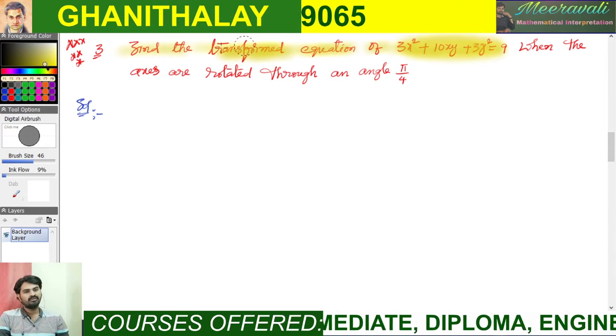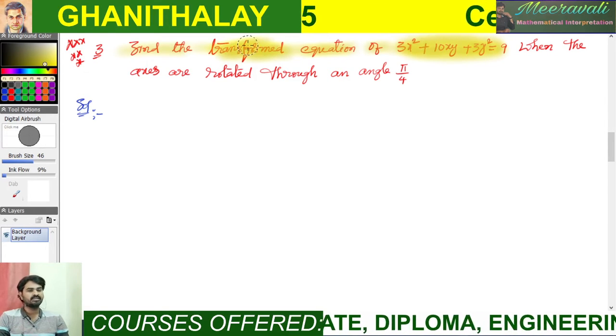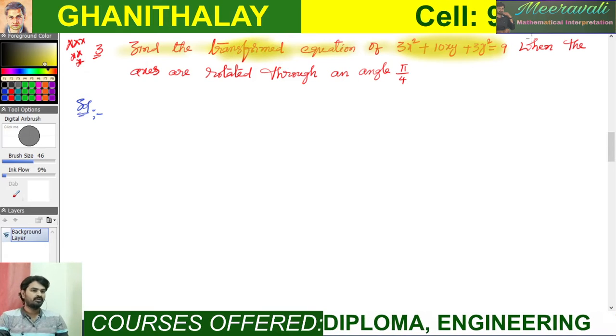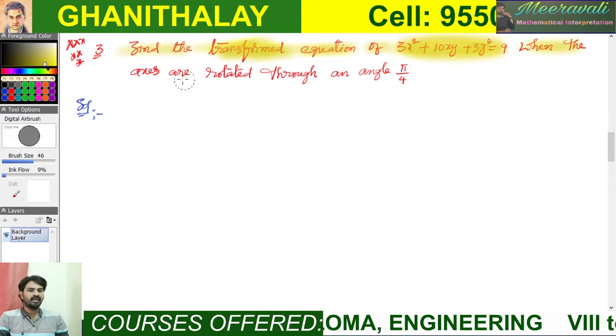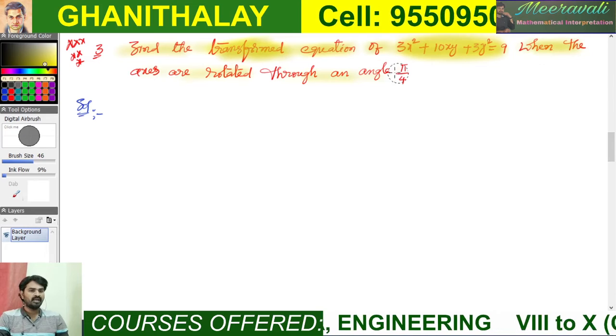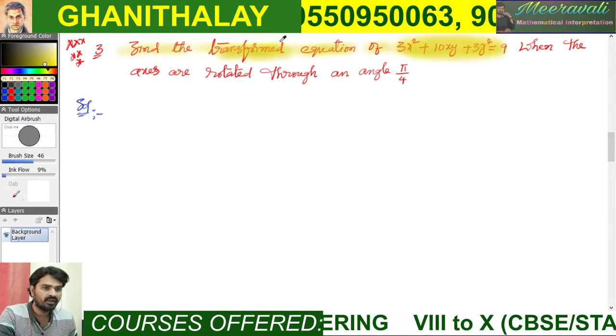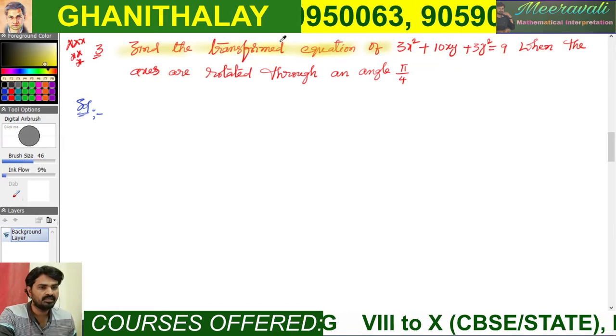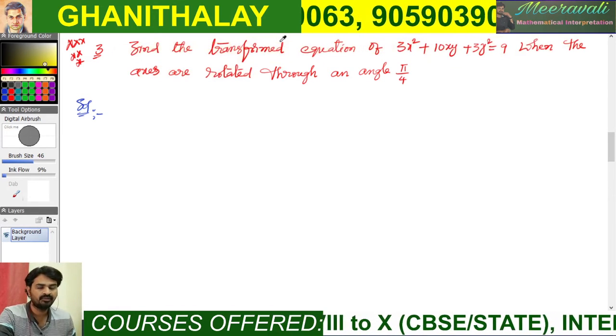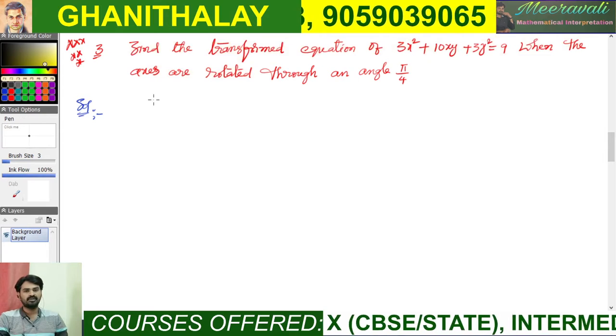Now we are going to find the transformed equation. That is the problem you have to understand. Okay, here for that, when the axes are rotated through an angle pi by 4. So here the angle of rotation and old system equation will be given.